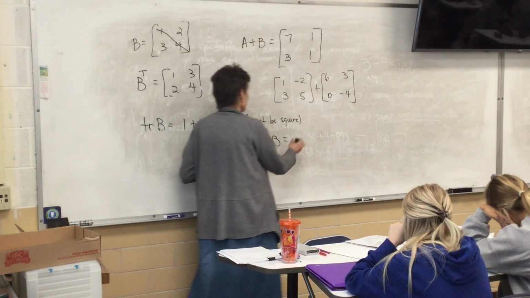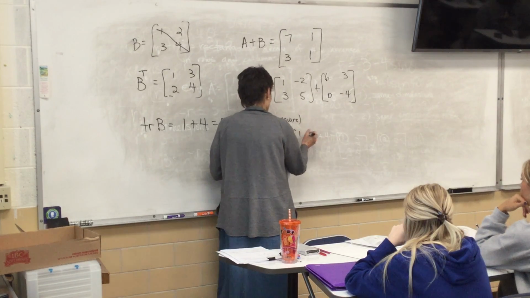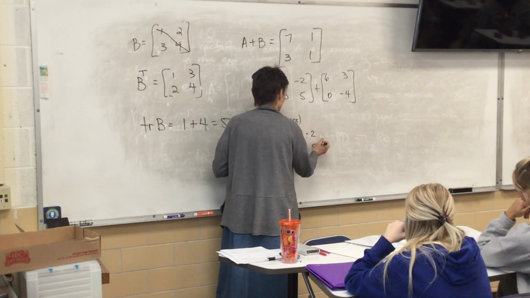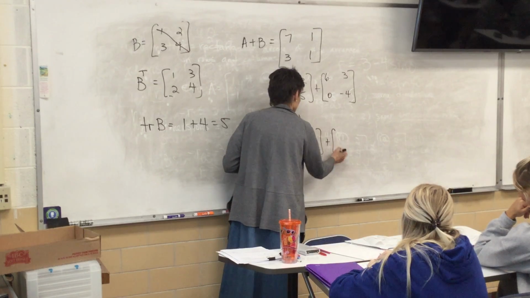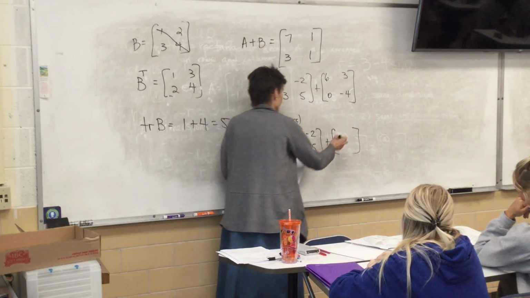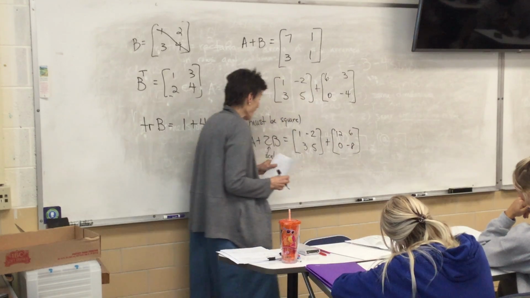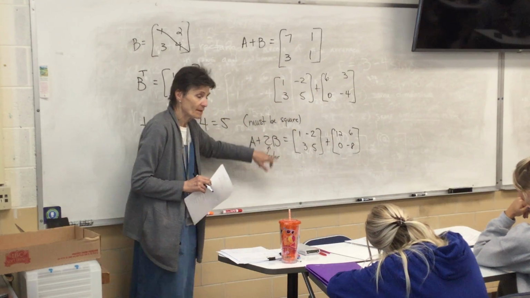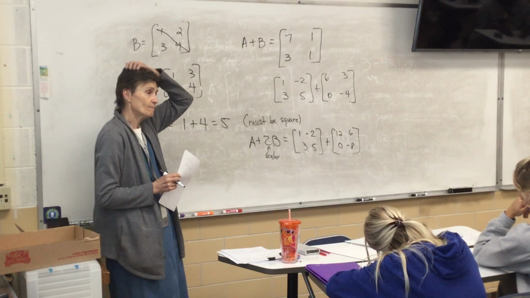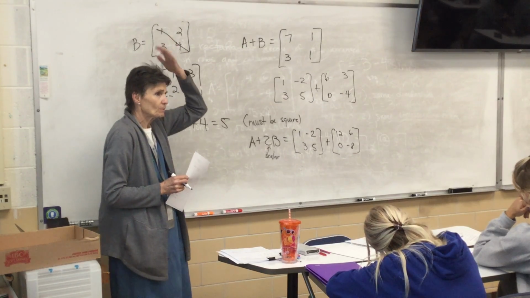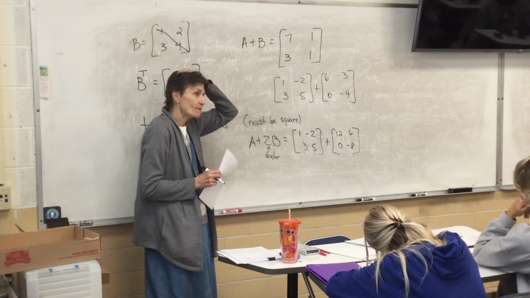What do you think 2B is? Here's A, but what would 2B be? 12, 6, 0, negative 8. How do we multiply a matrix times a scalar? We distribute, right? We just take the scalar times everything.